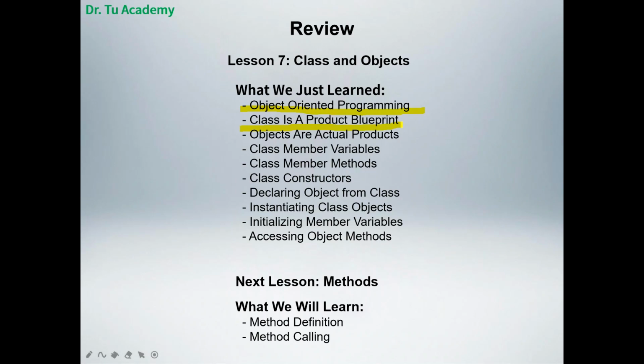We can think of a class as a product blueprint, and objects are actual products we build based on the blueprint. Class contains member variables and methods which define the object's properties and the behavior.